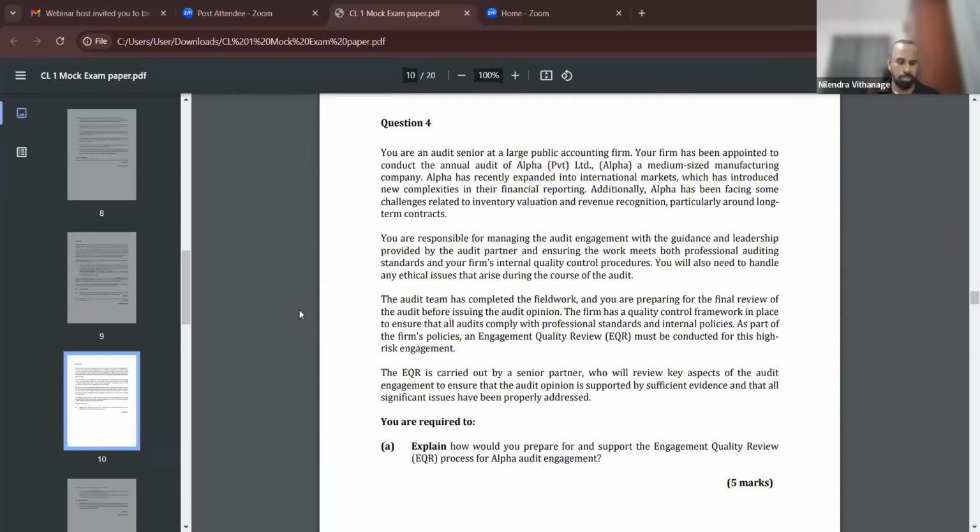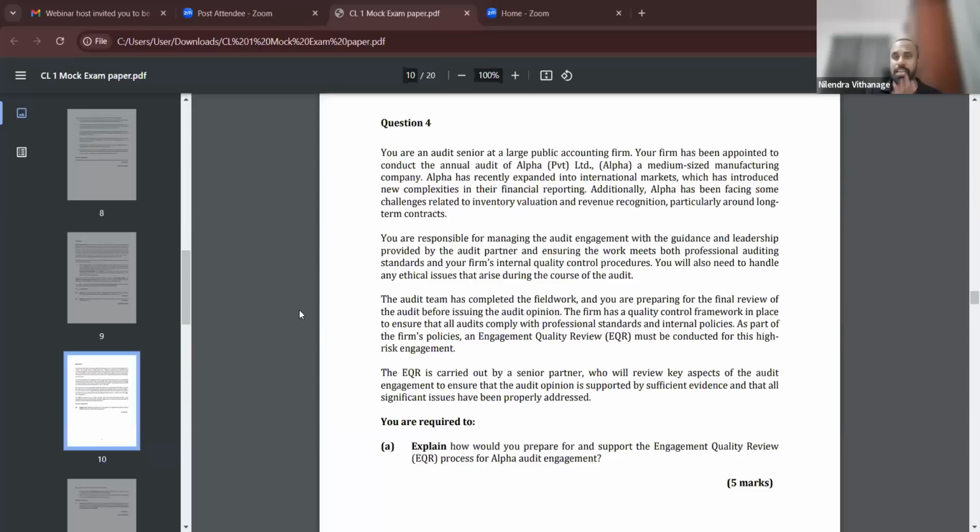First and foremost, students, there is a formal quality review process in the firm where, prior to the audit opinion being signed off by the engagement partner, there has to be a quality review done. Ideally, you now have to prepare for this quality review. You have to support it.